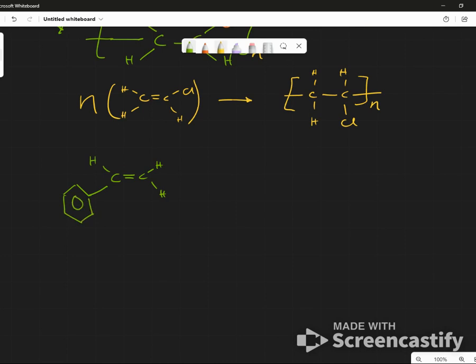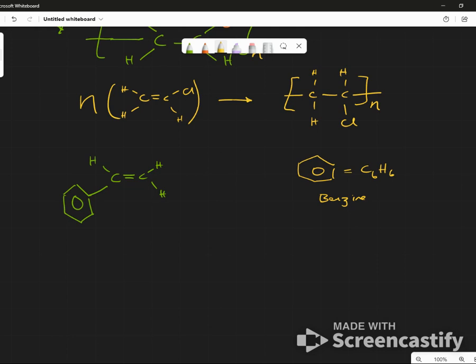Now this funny shape here, there's a benzene ring, and it represents C6H6. And it is a cyclo compound, which we haven't done anything with yet. And this guy's called benzene.